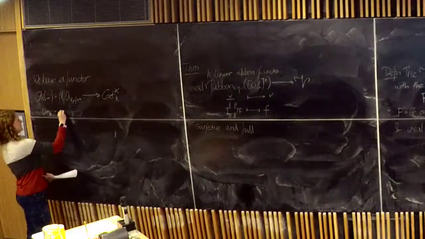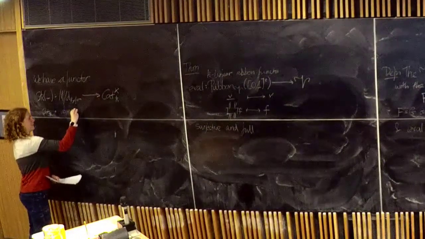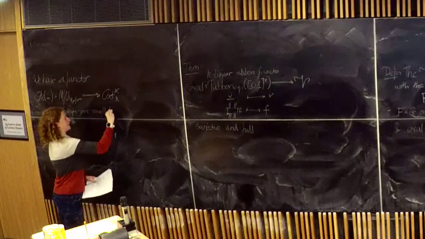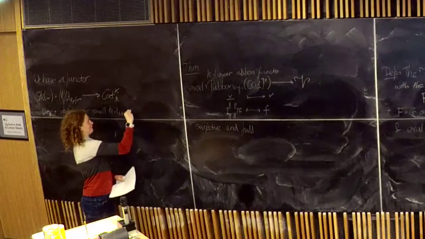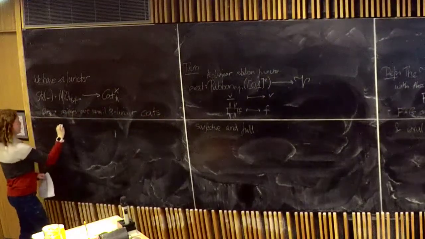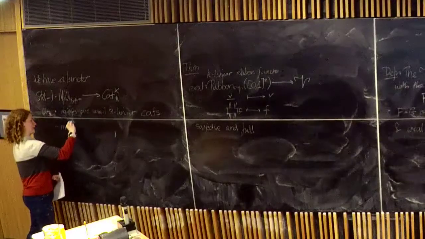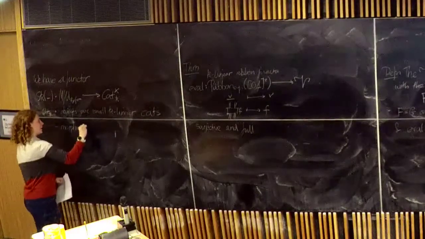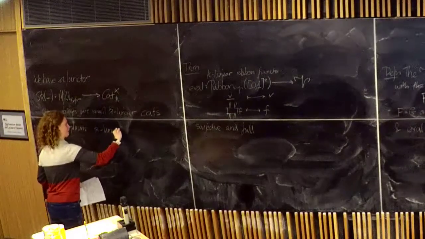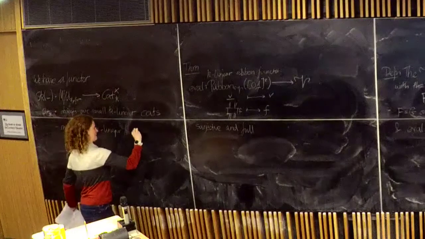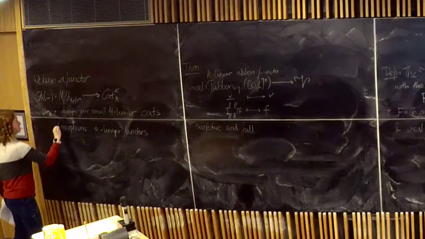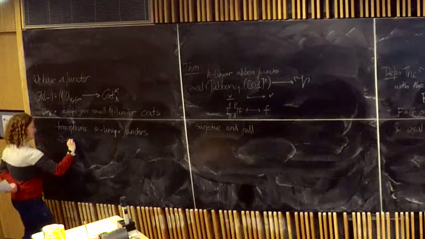So the objects are small K-linear categories, and the morphisms are K-linear functors. And it has two-morphisms.